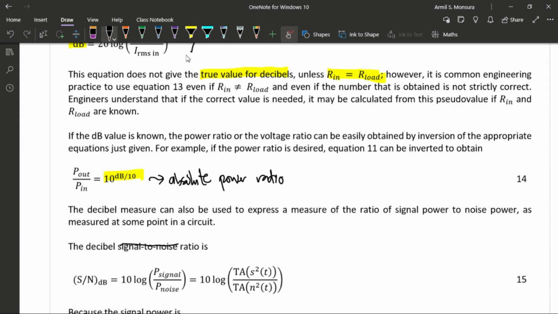So it is important for us to understand yung konsepto ng signal to noise ratio.